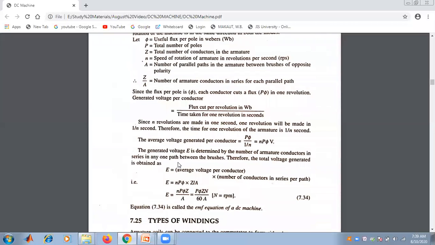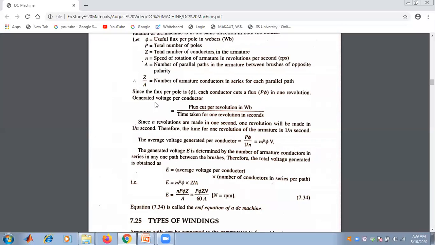Since the flux per pole is phi, each conductor cuts a flux of P phi. If a conductor moves 1 revolution, it is covering P number of poles. If flux per pole is phi, the total flux is P into phi.